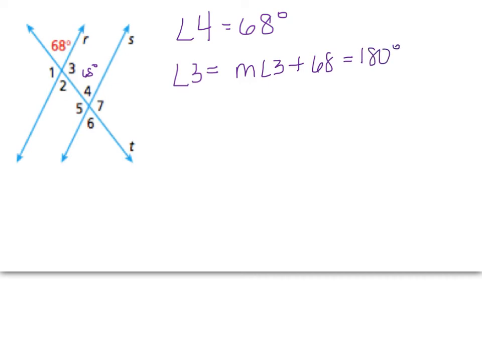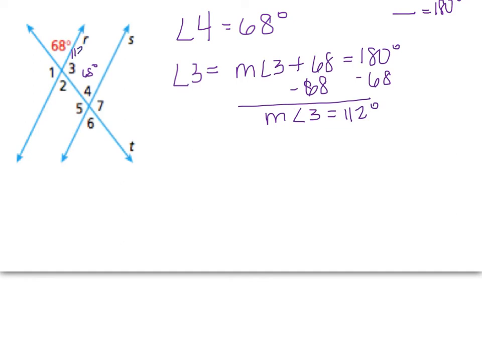Because remember, a straight line equals 180 degrees. So let's just subtract 68 from both sides, and we get the measure of angle 3 equals 112 degrees. So we know right in here is 112 degrees.